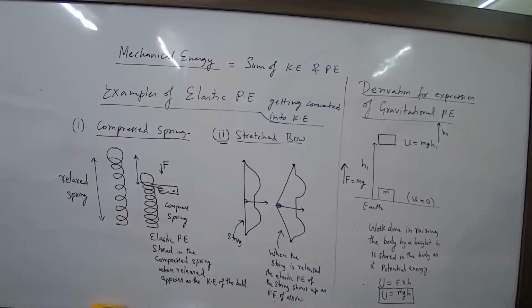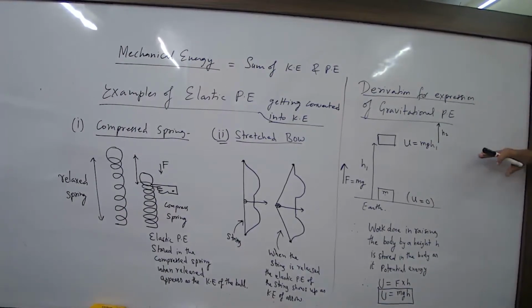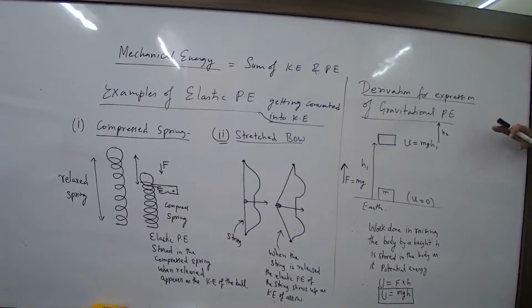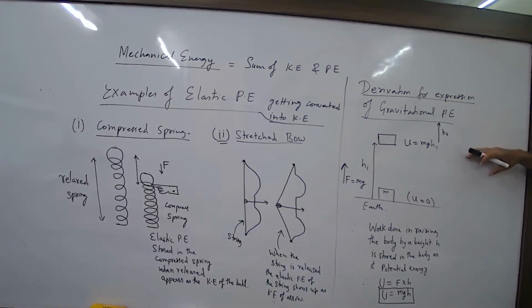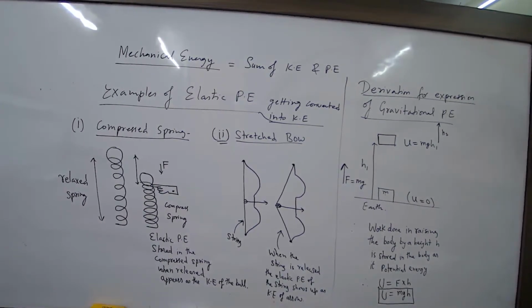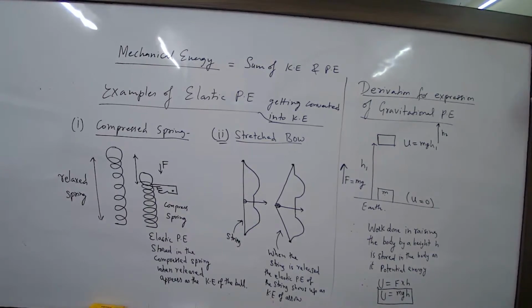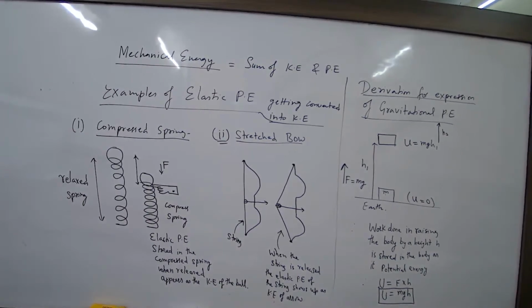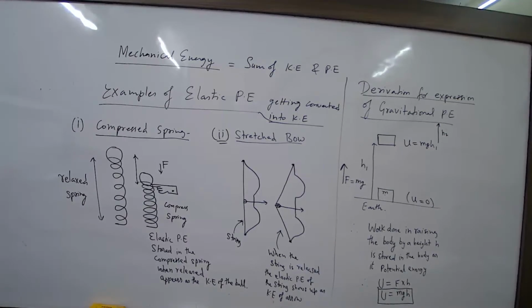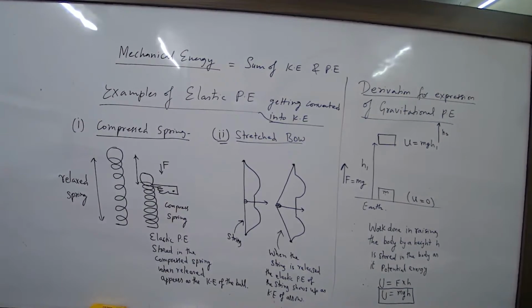What is the gain? Obviously, potential energy will increase because the height is increased. So what is the gain in potential energy when the body is further lifted by h2? mgh2 only? mg(h2 minus h1)?